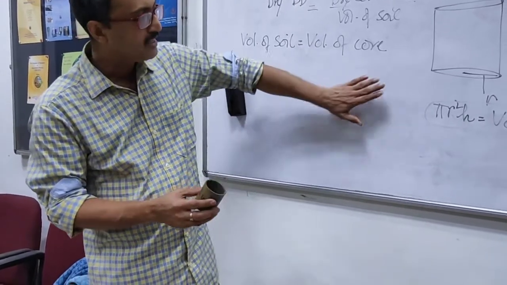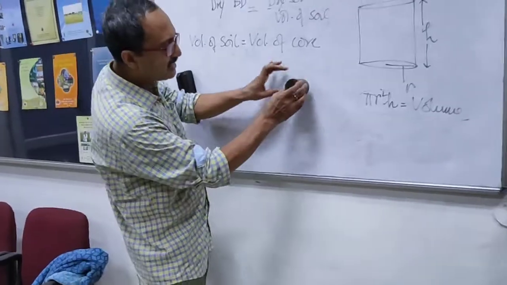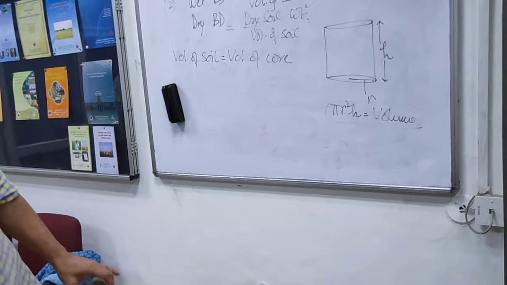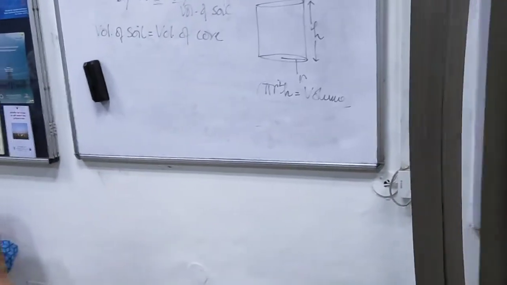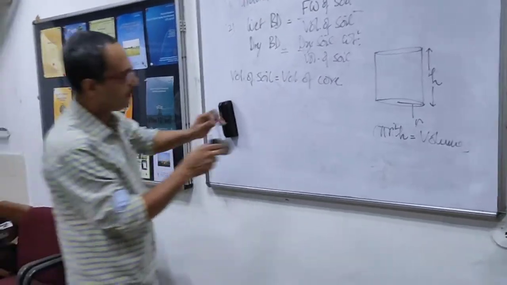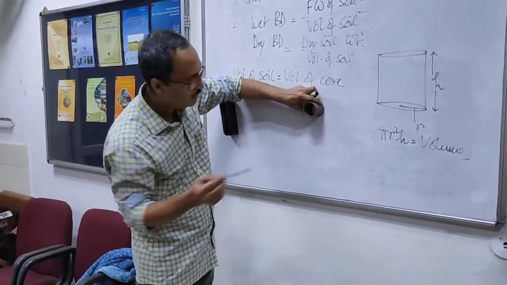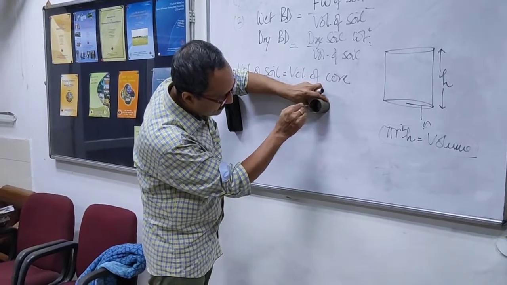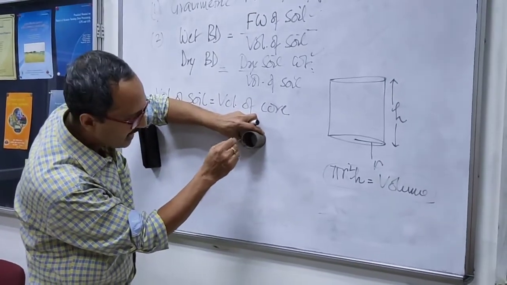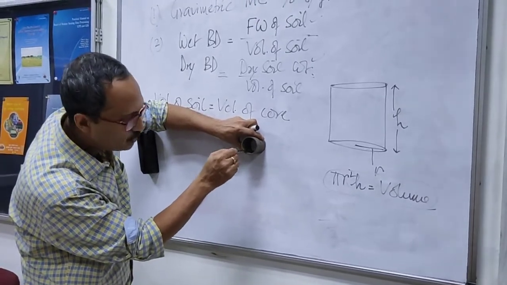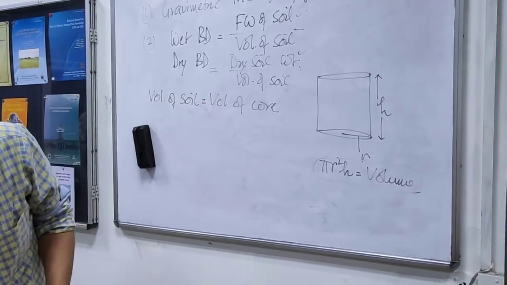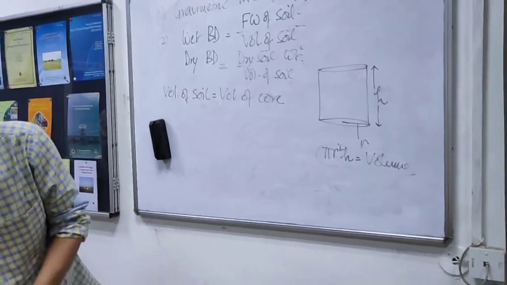So what you have to do, say this is a page, you place the core there, and then I will use a pencil, so you take the inner outline. That means you take an imprint of it. This will give you the inner diameter. It will be something like this.